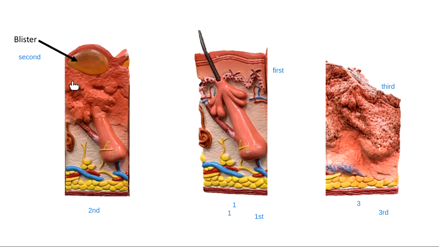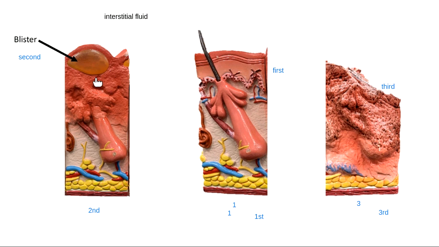When the epidermis pulls away from the dermis layer, some of the interstitial fluid in between the cells of the dermis collects in this space between the epidermis and the dermis. So a blister is actually filled with interstitial fluid, the stuff that leaked out of these tissues down here.